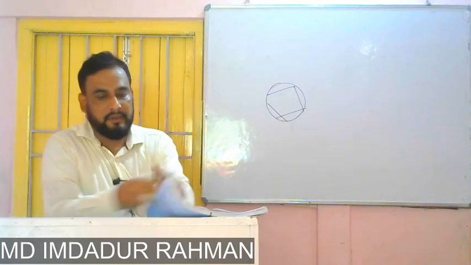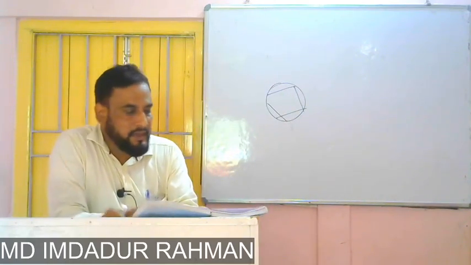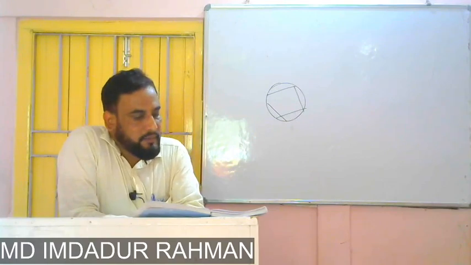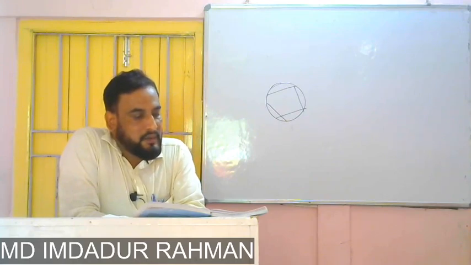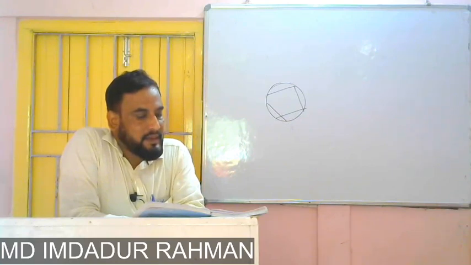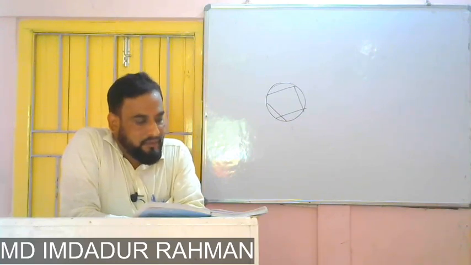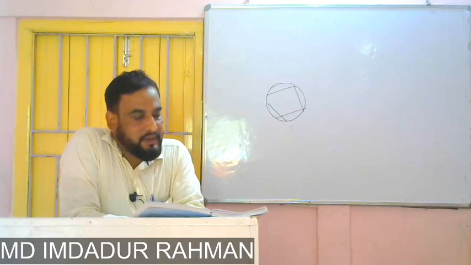Infinite number. I think it is an infinite number. A circle has infinite numbers of equal chords. If a circle is divided into 3 equal arcs, each is a major arc.